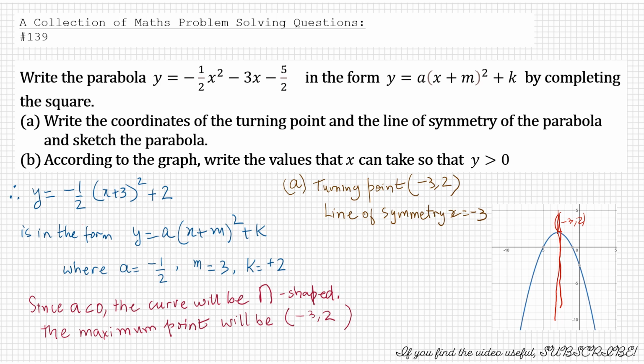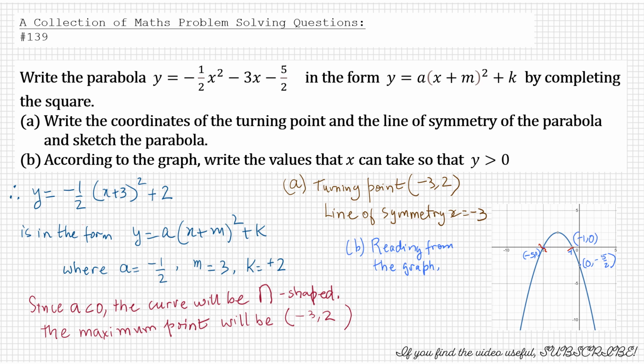Okay, and in part B, we have to read from the graph. So I've again marked the points. There would be (minus 5, 0) and (minus 1, 0). So this is minus 5, that's minus 1. And where the curve cuts the y-axis would be (0, minus 5 over 2).